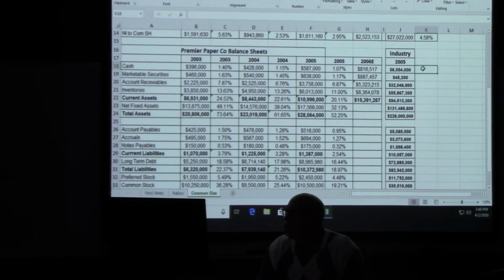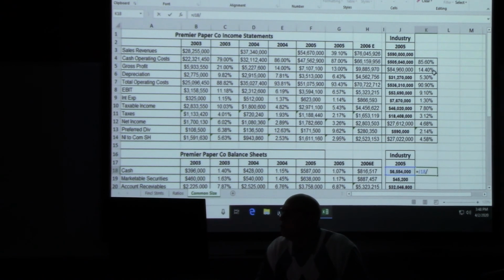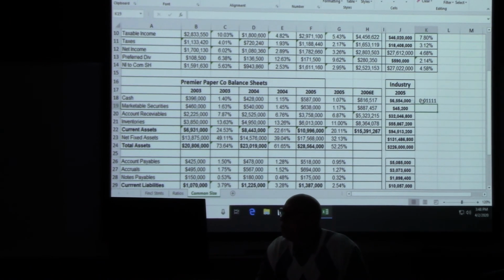Let's go ahead and do the industry just to see how we're doing compared to the industry. Okay, and then let's anchor this number right here. This is the sales number, F4.